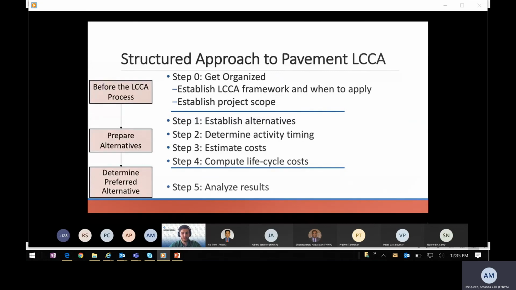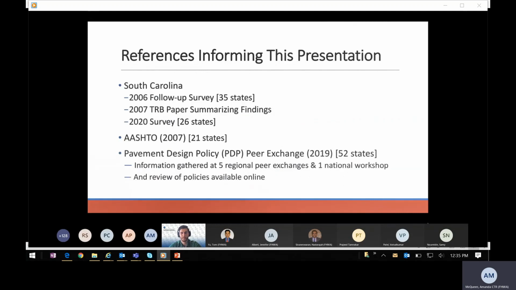Some of the information we're going to discuss in further detail in this presentation, such as discount rates and analysis periods, are often defined in an LCCA framework as a part of this step 0. Steps 1 through 4 are to establish alternatives, determine activity timing, estimate costs, and compute life cycle costs. Step 5, finally, is the last step of the process, which is to analyze results and use those results as a decision support tool to move forward. Next slide.